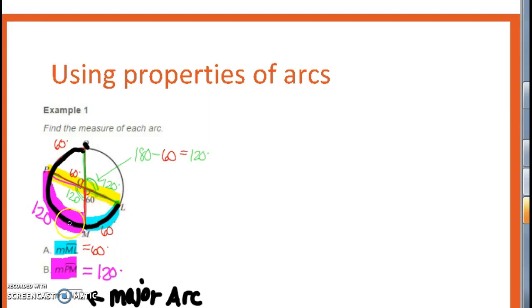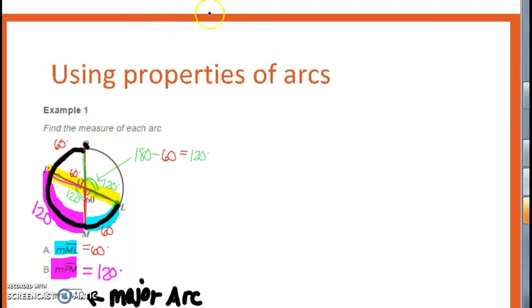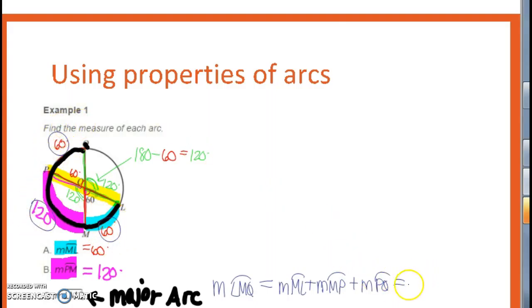Then I just have to add up those arcs using the arc addition postulate. So the measure of arc LMQ is equal to the measure of arc ML plus the measure of arc MP plus the measure of arc PQ. And so that gives me 60 plus 120 plus 60, which will give me 240 degrees.